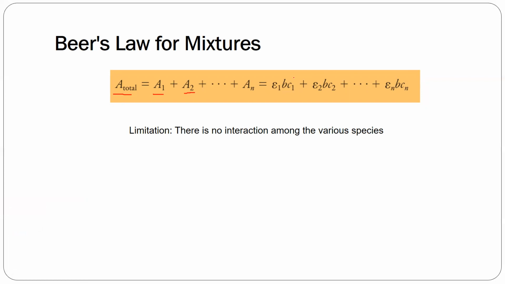Since ang formula is epsilon BC, you can also express it as epsilon 1 BC1 plus epsilon 2 BC2, where epsilon 1 and epsilon 2 are the molar absorptivities of the different molecules, kasi you have a mixture. And C1 and C2 yung kanilang corresponding concentrations. The limitation here is that there shall be no interaction between or among the various species.